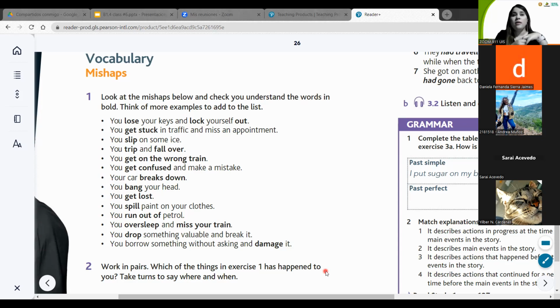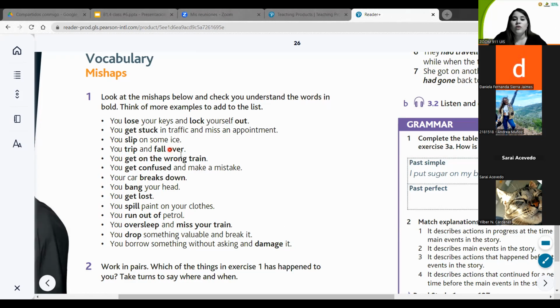However, because it's below 0 degrees, the water freezes again and turns into ice. So it happened to me many times that I was walking and I slipped on some ice. It's dangerous. You can break your leg or an arm or something.